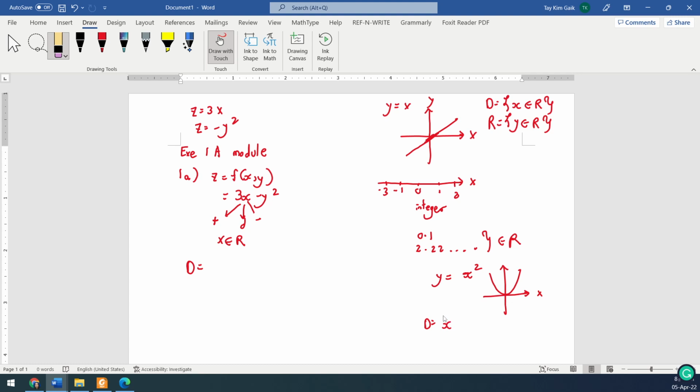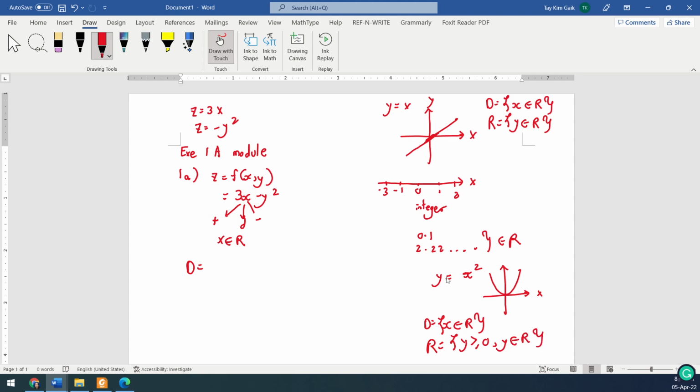That is why the domain for x belongs to the real numbers. The range is the y value. y takes 0, because when x is 0, y is 0. From the graph, y goes from 0 up to positive infinity, or you can say y is greater than or equal to 0.